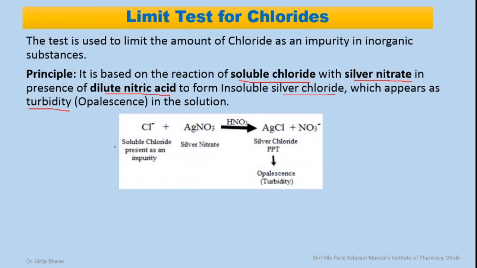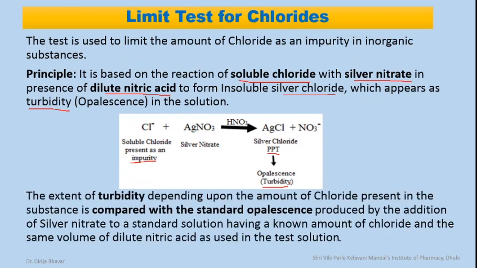As this reaction takes place, the chloride ion present as an impurity in the sample solution will react with silver nitrate solution in presence of nitric acid and form silver chloride precipitate. Due to formation of the precipitate, the solution will become turbid, and this turbidity obtained for the test solution depends upon the amount of chloride present in the substance.